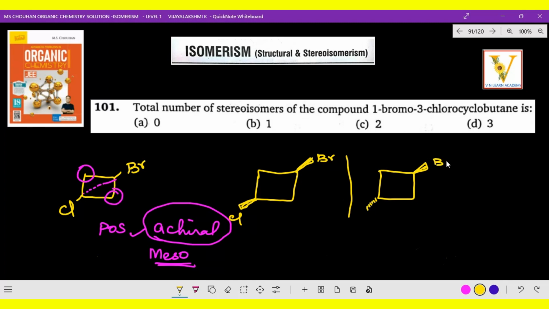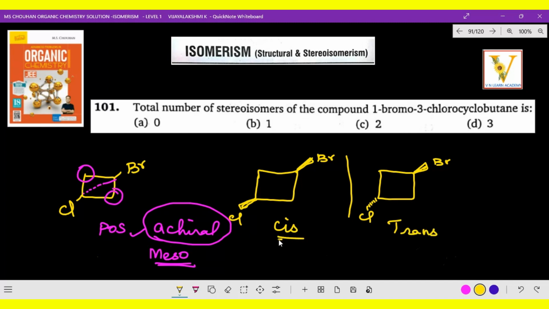This is bromine and this is chlorine. You can exchange both, this side wedge and this side dash, or this side dash and this side wedge, both are the same only. So we can give the idea of cis and trans.